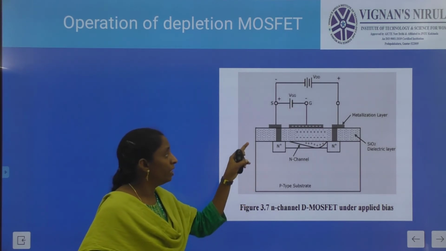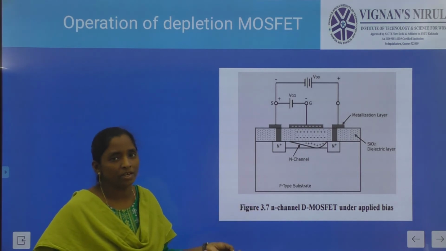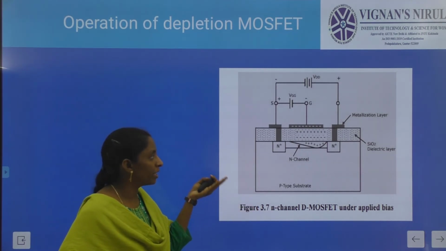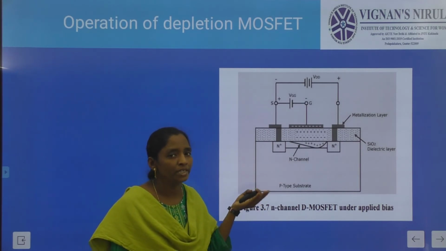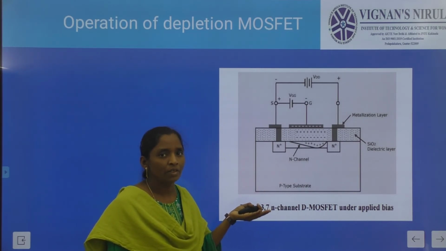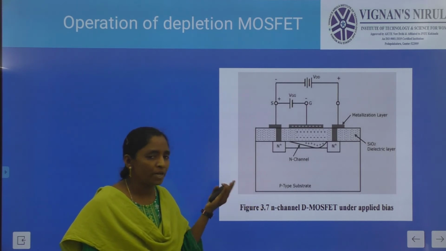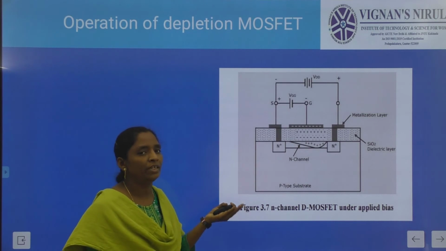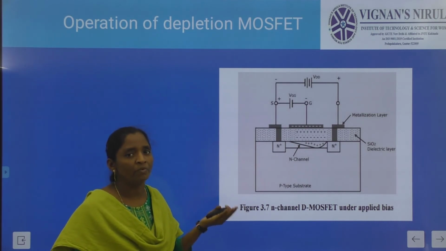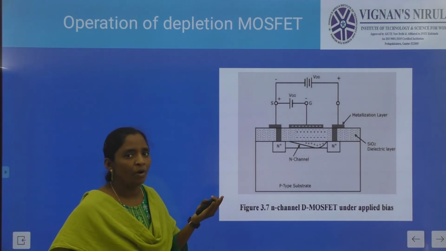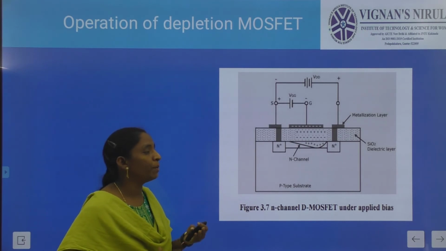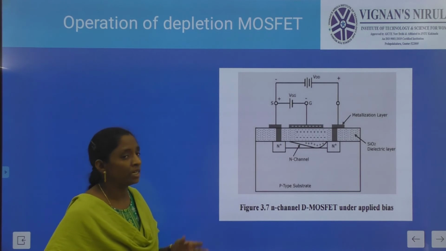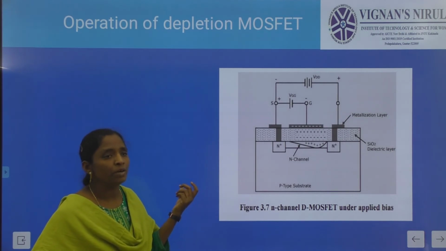In an N-channel MOSFET the majority charge carriers are electrons, so if you increase the voltage at the gate terminal, the majority charge carriers will increase. So it operates in enhancement mode. Okay, this is the operation and construction of the depletion mode MOSFET.